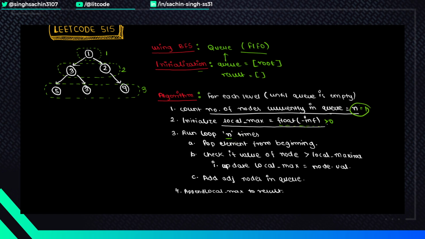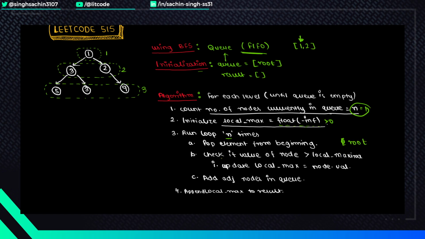What we'll be doing in that for loop is popping out the element from the beginning, because we wanted FIFO, first in first out. So whenever you add any element in a queue, the earliest added will be the element which gets popped out, right? This is exactly what we are trying to do here. So in this case we popped out root.